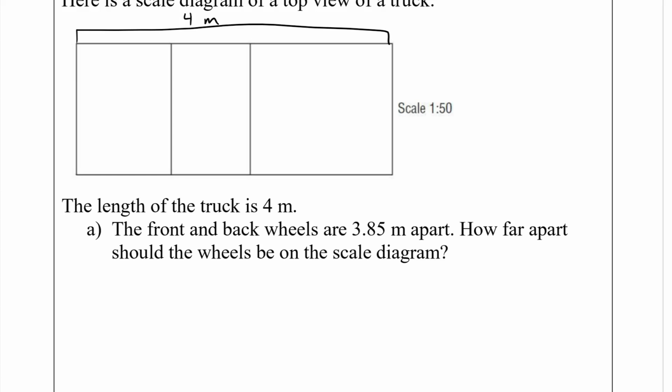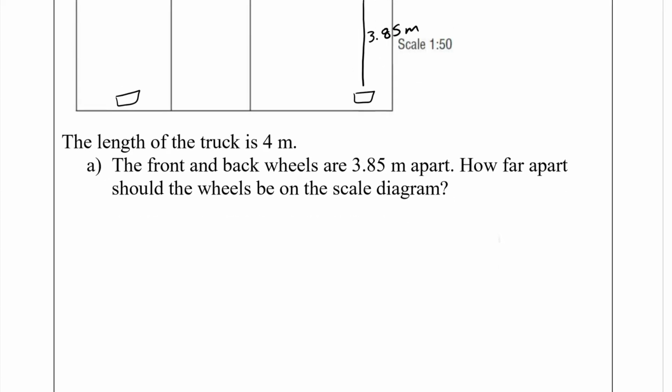The front and back wheels are 3 points. So here's a wheel, and here's a wheel, and here's a wheel, and here's a wheel. So what they're saying is that the wheels are 3.85 meters apart. So how far should the wheels be on the scale diagram?